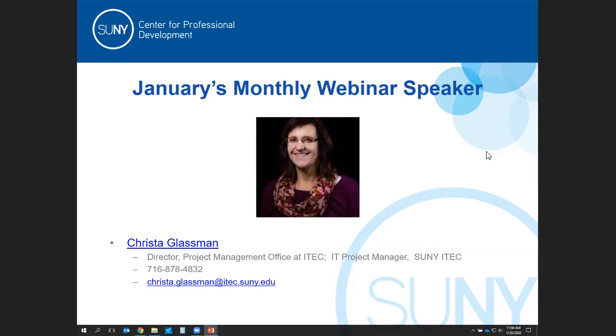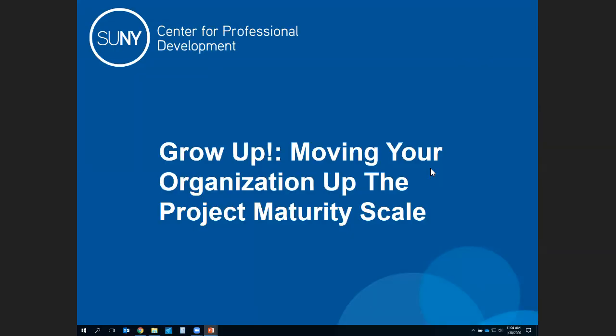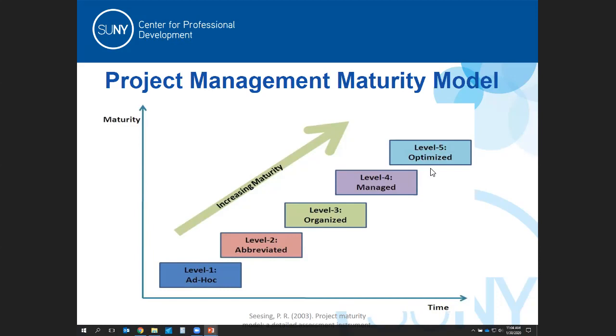So what we'd like to do today as we start our webinar, and you can advance the slide, please. Thank you. We're going to talk about what's known in our project management industry as the project maturity scale. It's kind of a play on words, grow up, moving your organization up the scale. What we want to accomplish today is for you to recognize and identify the maturity level of the project and processes used in your departments and campuses today.